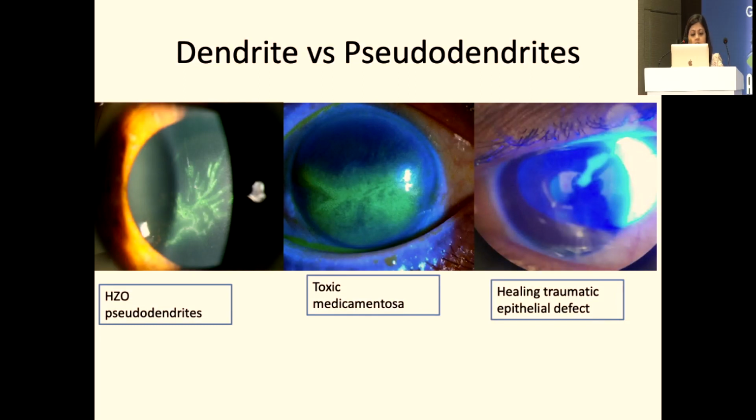The clinical staining pattern helps differentiate the typical dendritic HSV lesion from various other pseudodendritic lesions, which can mimic a similar presentation. However, there is absence of terminal bulbs in other causes of pseudodendrites.